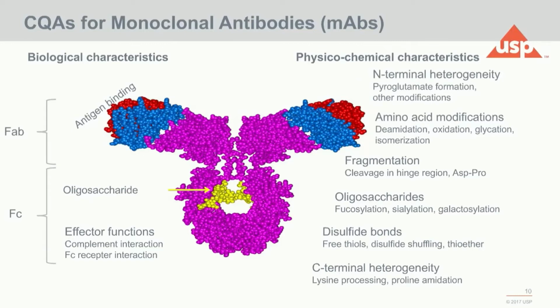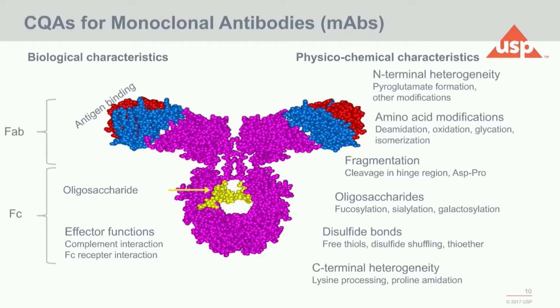In terms of physicochemical characteristics, anything that can change the nature of your monoclonal antibody could be a CQA. So we'll talk a bit about N-terminal heterogeneity, formation of pyroglutamate, any kind of amino acid substitutions or modifications like deamidation, oxidation, glycation, any fragmentation that might occur.